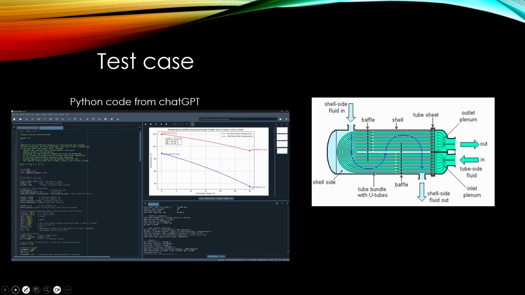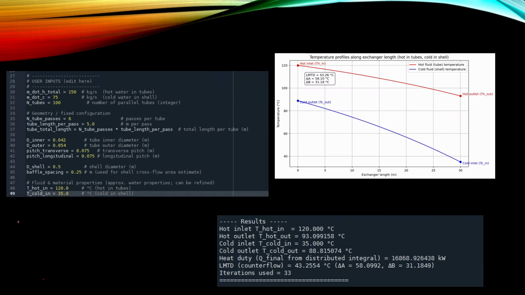that code I calculated a case in which my pipe length was 5 meters and I was using 6 passes, so the total length of the pipe was 30 meters.